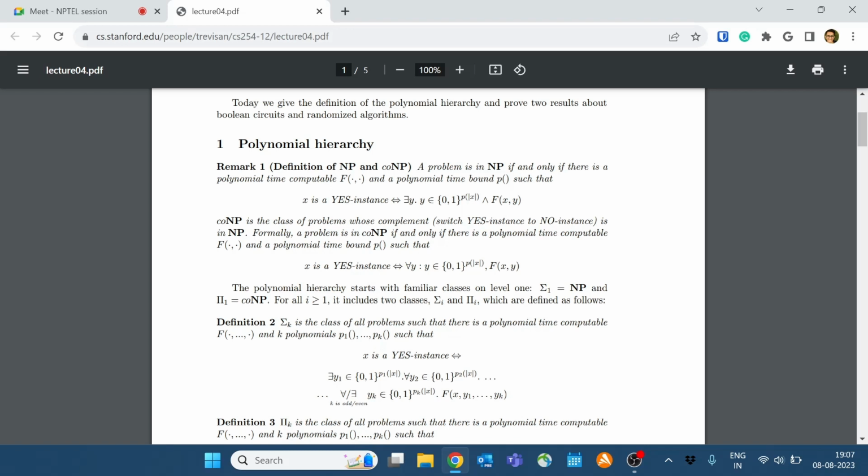Okay, let me do one thing. Let me first write this. There exists y in {0,1}^p. Right.